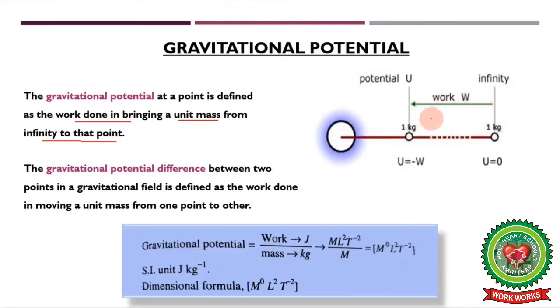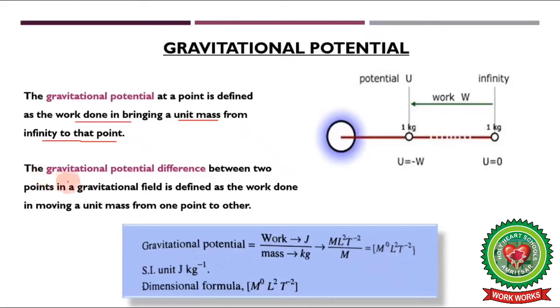The amount of work done in bringing this object from infinity to this point is equivalent to the gravitational potential. Whenever you have to find potential energy, basically you have to find the work done, because that work done is stored in the object in the form of potential energy.